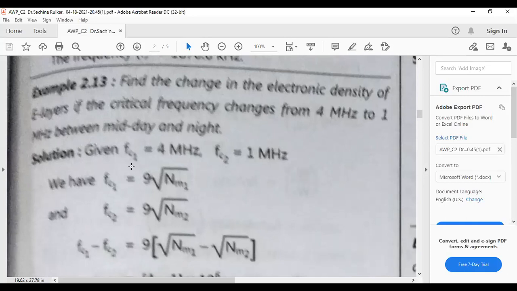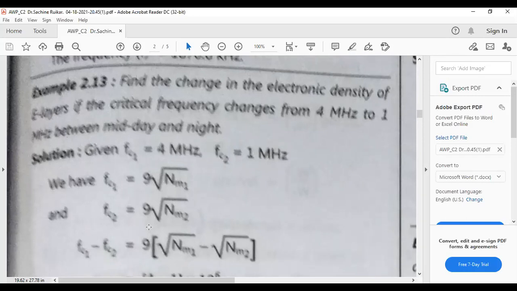Given parameters: two critical frequencies are given, one is 4 megahertz and the second is 1 megahertz. We can denote them as the critical frequency first and the critical frequency second, fc1 and fc2. The maximum is 4 megahertz, the initial is 1 megahertz, and the final is 4 megahertz.